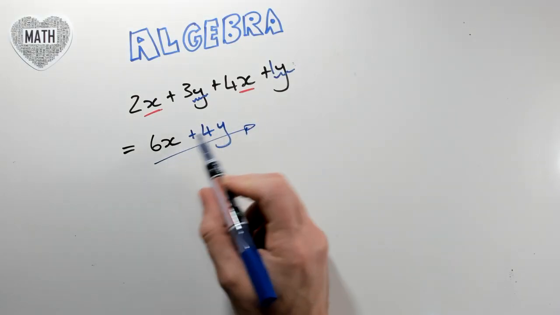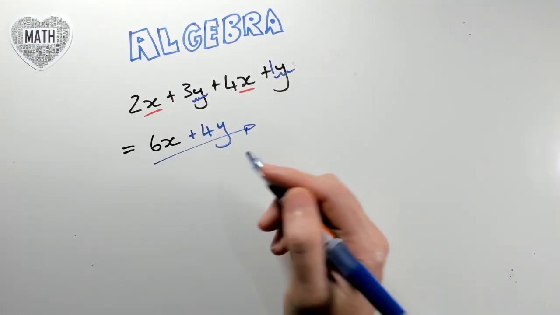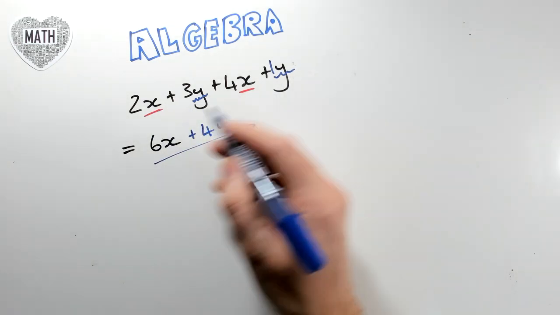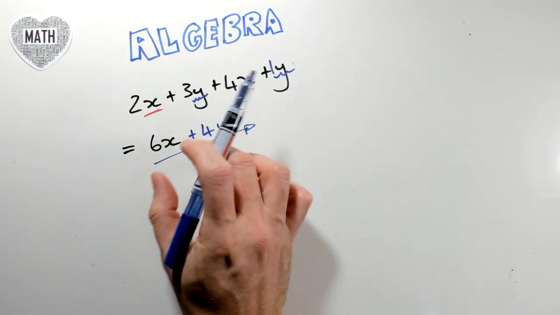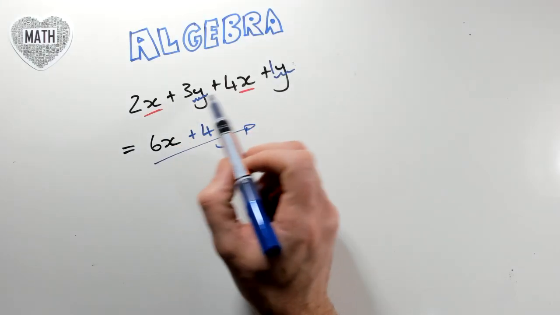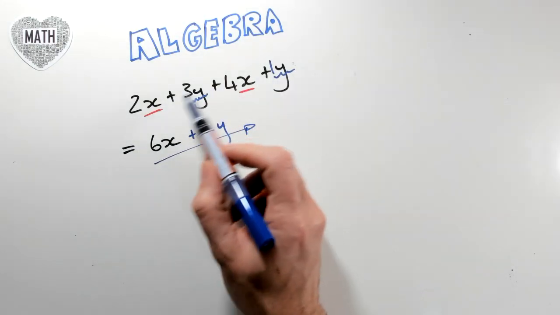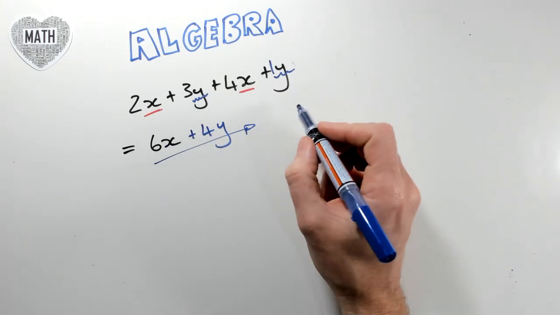And this is the furthest we can go. We can't add them. But the magic thing is we could have multiplied them. So if we had this example and it was all multiplication, we would actually get to one term. In this case, terms are split up by plus and minuses. So here we have 4 terms, and when we add the like terms, we have 2 terms.